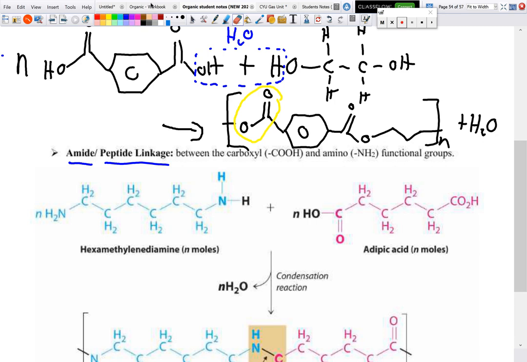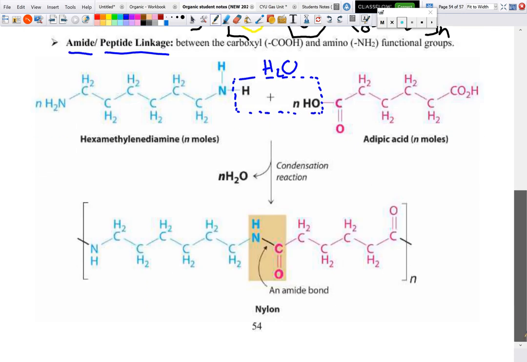Here we're going to have the hydrogen, so one of the hydrogens from our amino group and the hydroxyl group from our carboxylic acid is going to come together, and of course that's where we get our boom, amide or peptide bond, and this is actually how nylon is formed. So we have two of these things right here coming together.